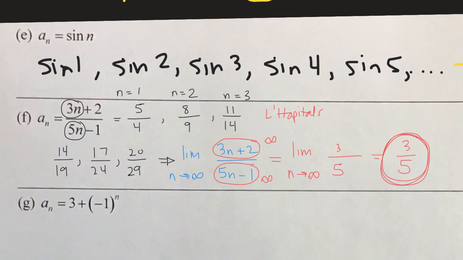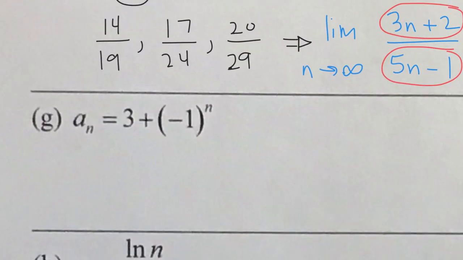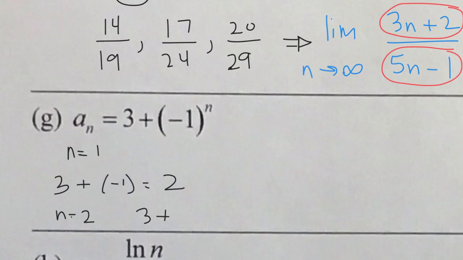Okay, let's see some values for 3 plus negative 1 to the n. If n equals 1, then that's 3 plus negative 1, which is 2. If n equals 2, that's 3 plus positive 1, which is 4.